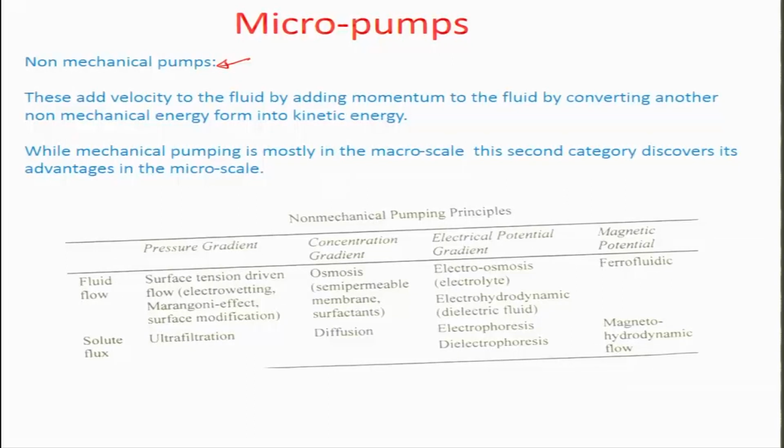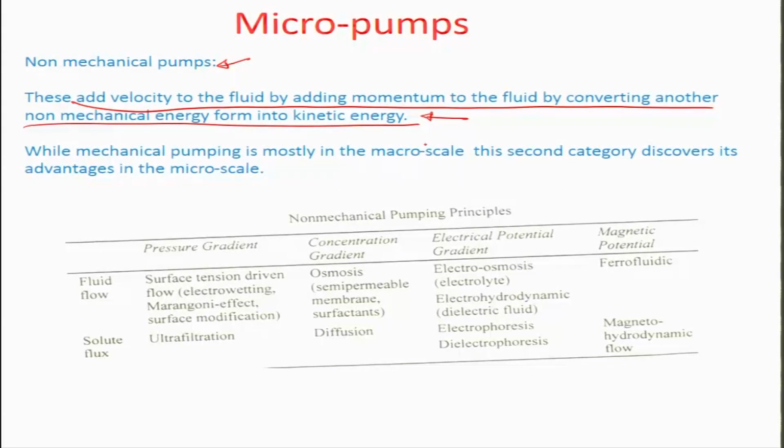So in the non-mechanical pumps, we add velocity to the fluid by adding momentum to the fluid in some other form. Typically it is by converting another non-mechanical energy into kinetic energy. This non-mechanical energy may be electrostatic energy, or, for example, surface tension based energy, and so on.